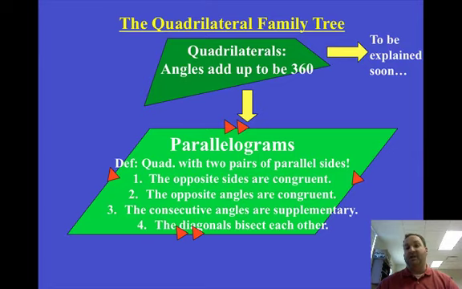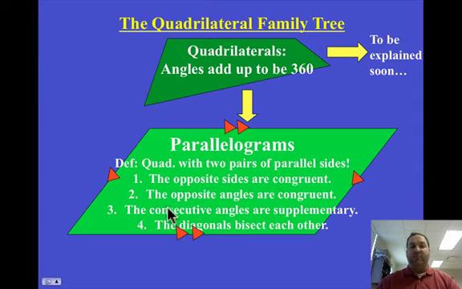If they were extended in both directions, the top and the bottom are parallel here, meaning that they run side by side, and the left and the right sides are also parallel, which means they run together side by side. It's still a quadrilateral. The angles still add up to be 360, but we have two pairs of parallel sides, which is a special type of quadrilateral called a parallelogram.